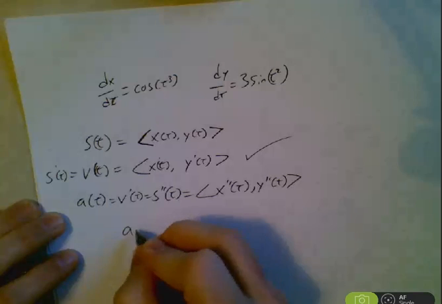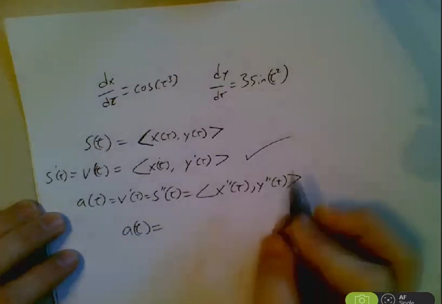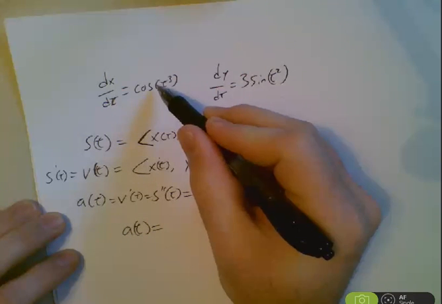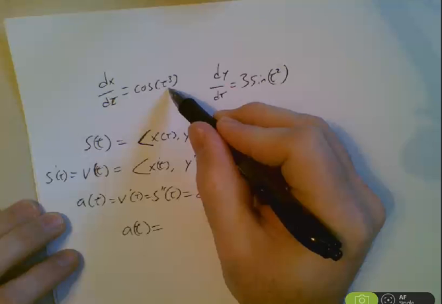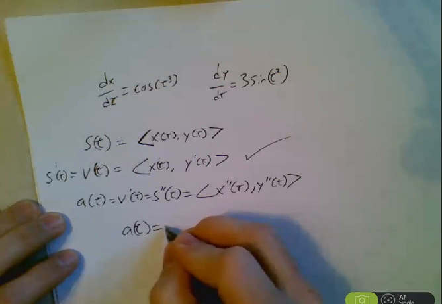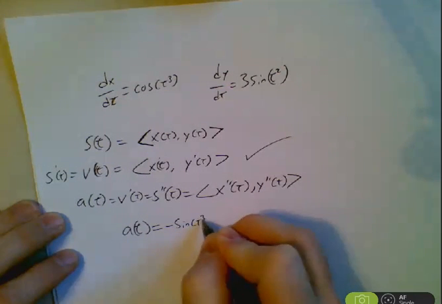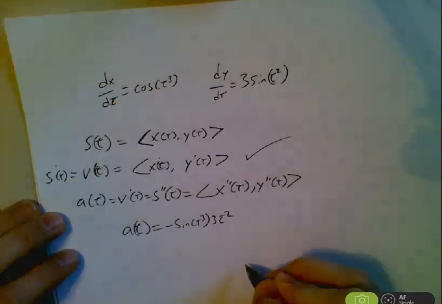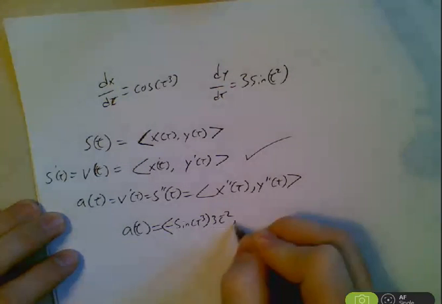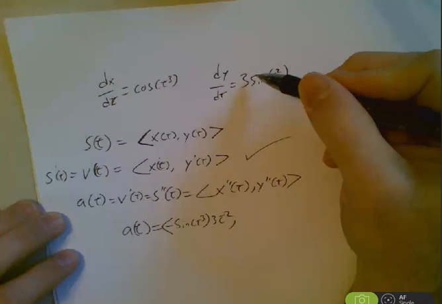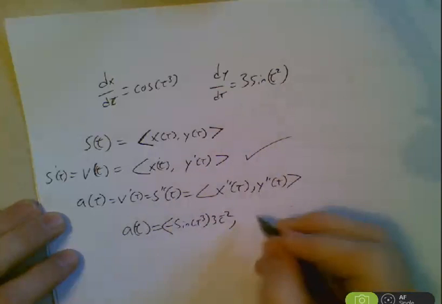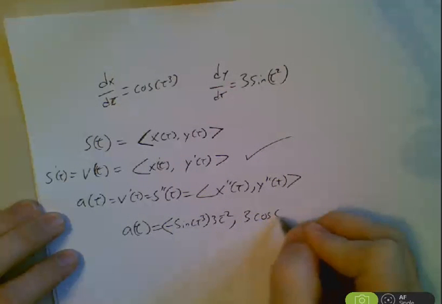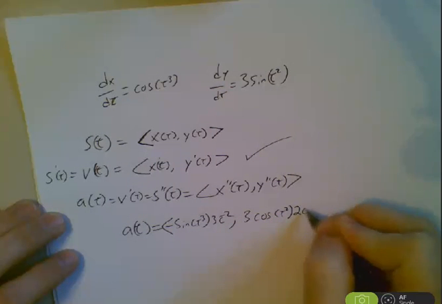So my acceleration vector would be the derivative of my velocity vector, so the derivative of dx/dt. That's going to be negative sine of t cubed with a chain rule kicker, comma, the derivative of my dy/dt is going to be 3 cosine of t squared times the chain rule kicker.